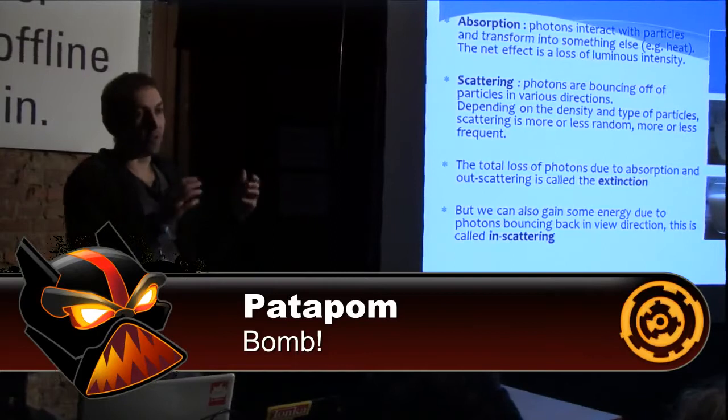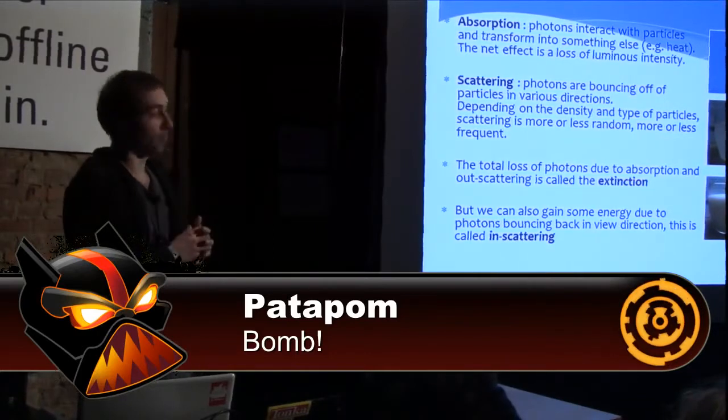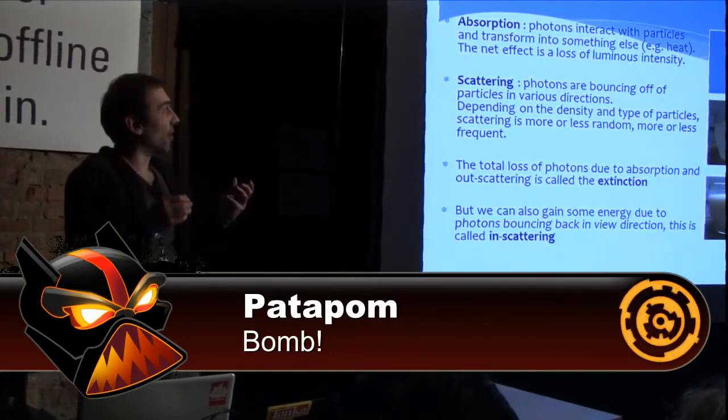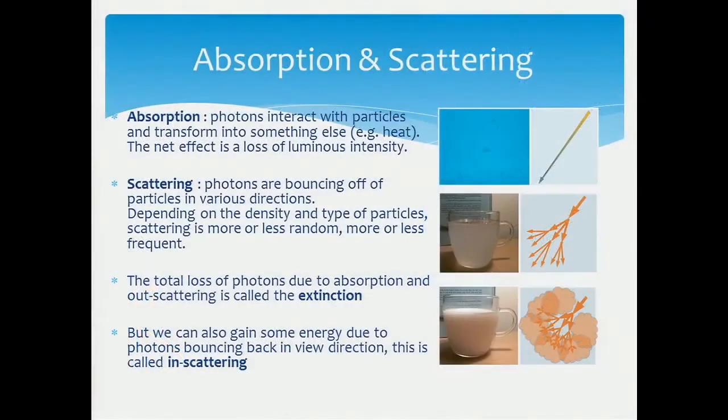And there is another type of scattering, which is very interesting, which is the in-scattering, and this is the opposite. You have a photon coming from any direction that finally bounces off into the view direction. And this actually adds light, contributes to adding light to your ray.